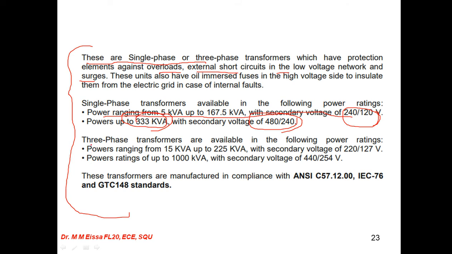Here another kind, three-phase transformers, are available in the following power rating. So see here some information about ANSI or IEC or GTC standards. You have to understand the standard, the different types of distribution transformer according to this standard ANSI, IEC or GTC.